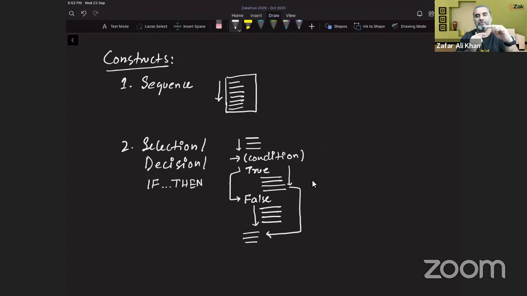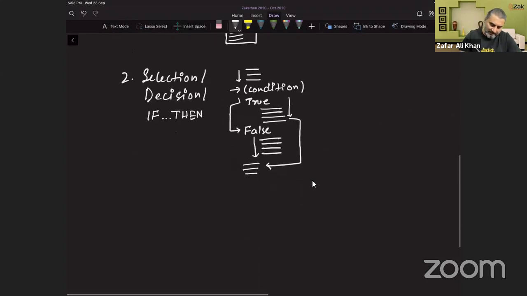If it is true, the upper part. If it is false, the lower part. When it is true, the false part is skipped. When it is false, the true part is skipped. This is called selection or decision, and it is the use of if, then, else. Third construct is repetition.